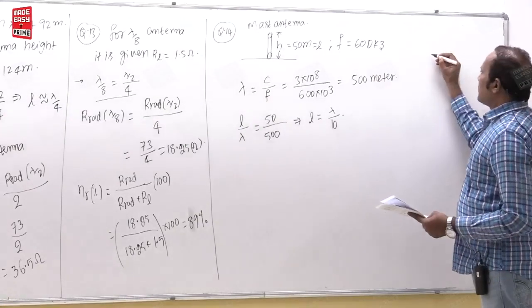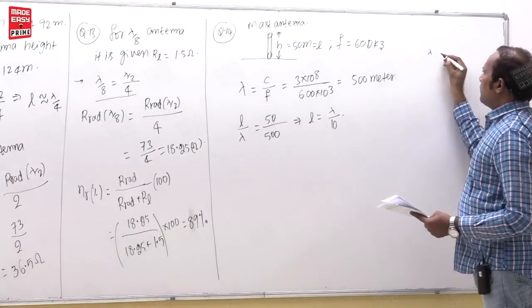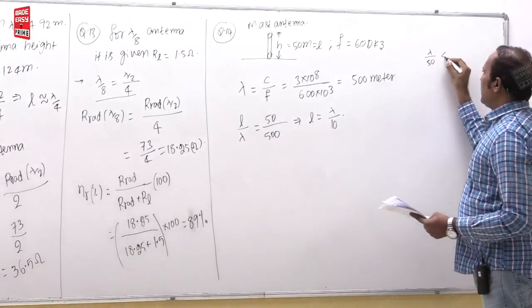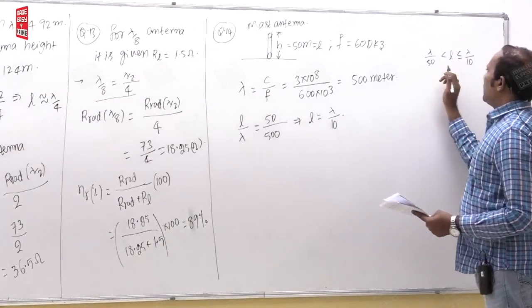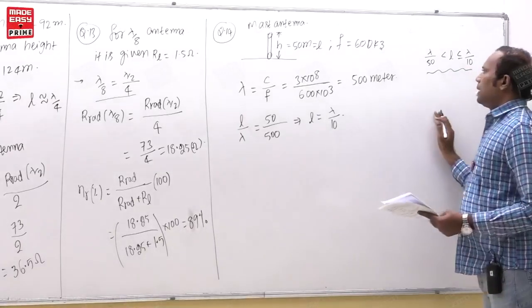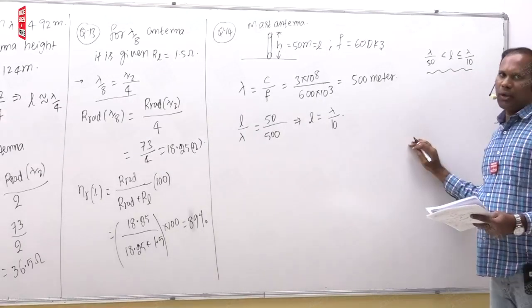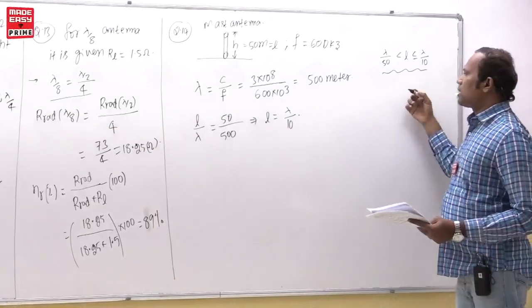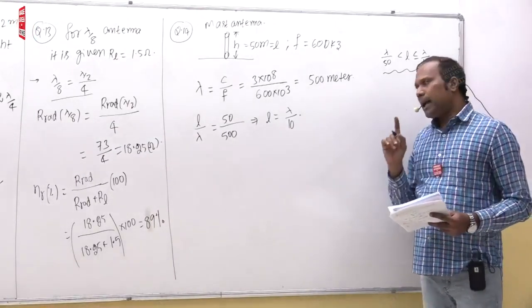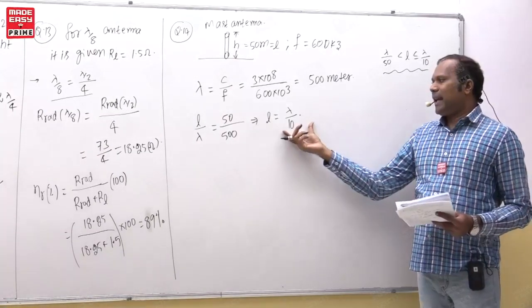Actually, for these lengths, I also wrote in the notebook, lambda by 50 less than L less than or equal to lambda by 10. For this range of lengths, even if you give a sinusoidal distribution, it automatically becomes a triangular distribution. That is why 20 is taken. But I already told you lambda by 10 is coming.